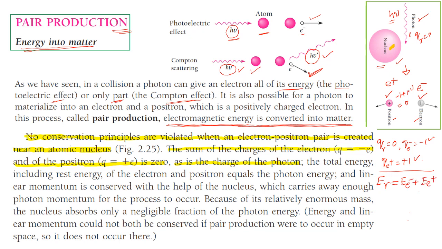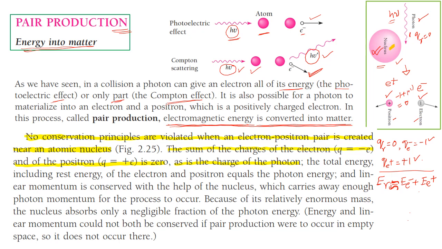Experimentally, if we measure the energy of the electron and the energy of the positron, they come almost equal to the energy of the photon, and a very small amount of energy is taken by the nucleus. Because this nucleus is very heavy, it is not going to absorb much of the energy of the photon, and most of the energy is distributed into the electron and positron.